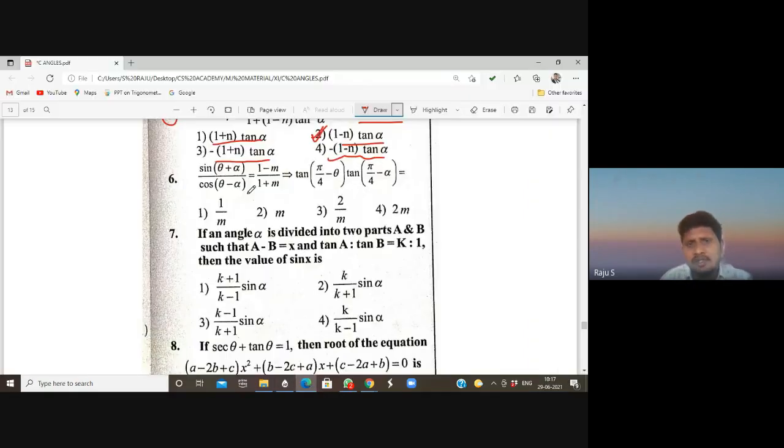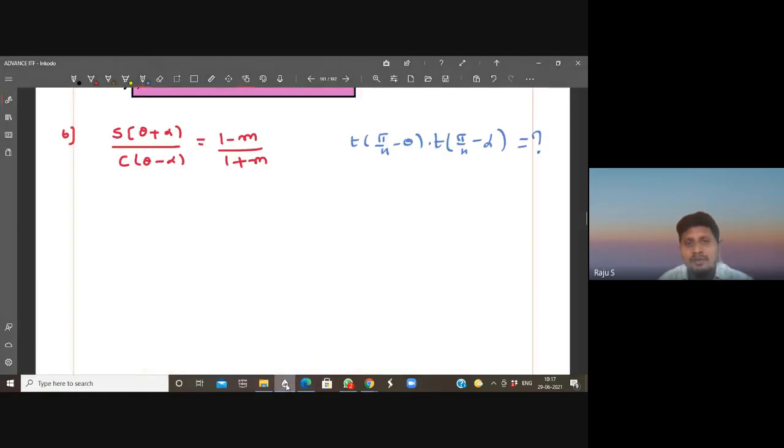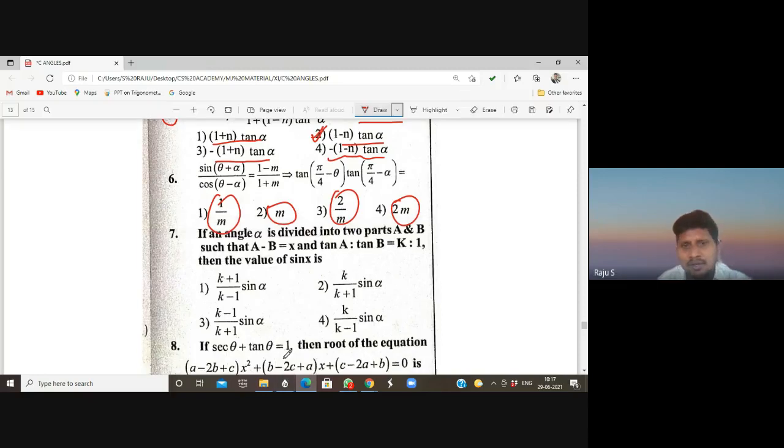First, all of you observe the options. What is given in the options? 1 by m or m, 2 by m or 2m. But here we have 1 minus m by 1 plus m, then how can we simplify this? With the help of componendo and dividendo.